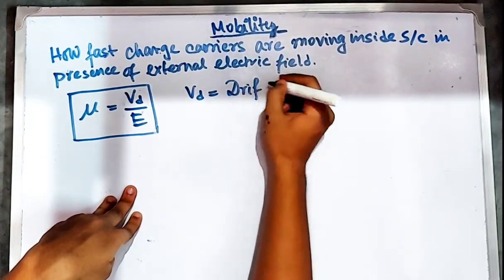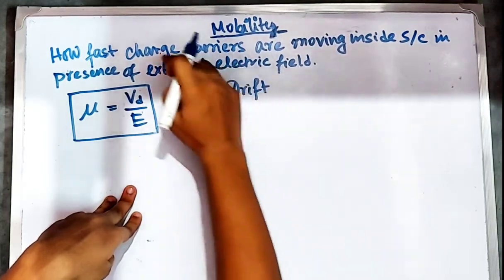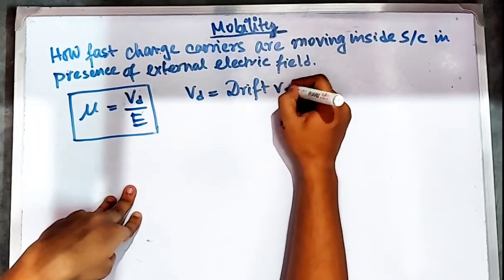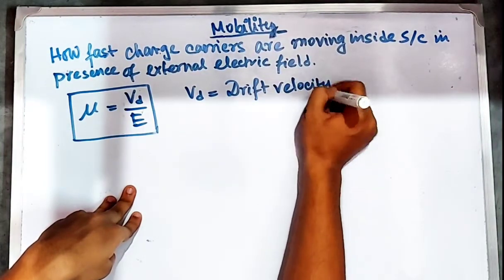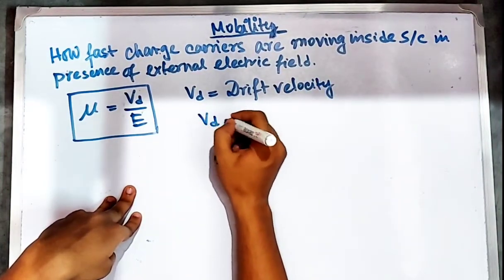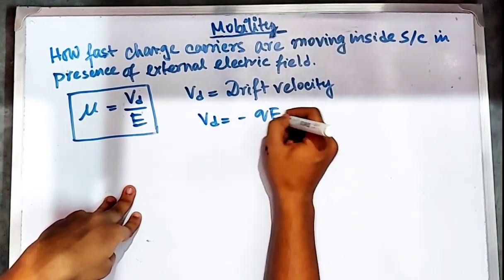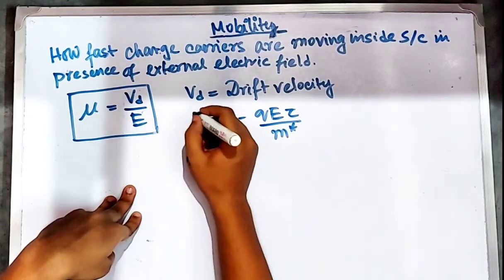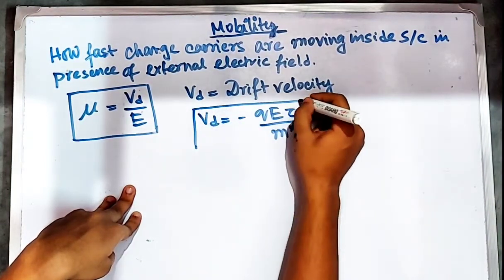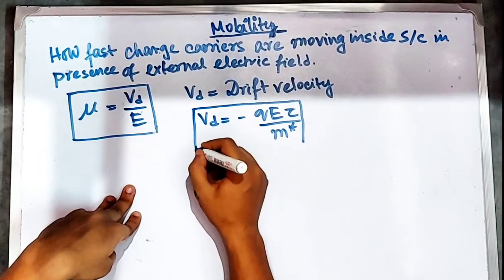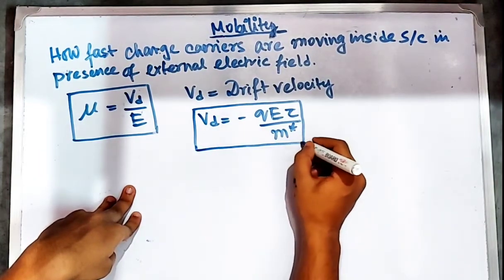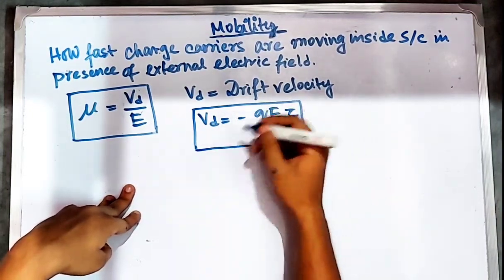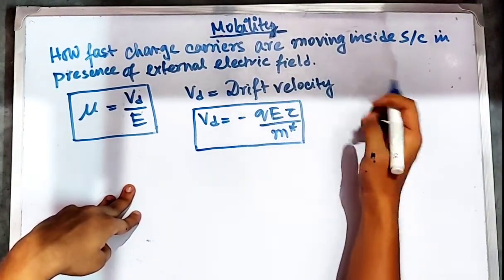What is drift velocity? Drift velocity is the velocity at which the charge carriers are moving in the presence of that external electric field. That velocity is known as drift velocity, and it is defined as minus q E tau divided by m star. If you know the formula, then there is no problem. If you don't know the formula, you can check my last video where I discussed the drift velocity in a very detailed manner, and this is proven there, so you can go and check it out.